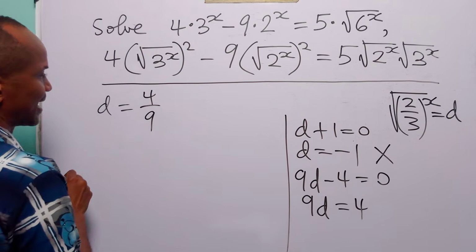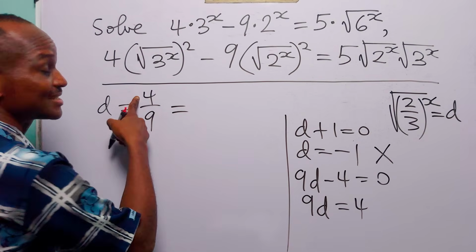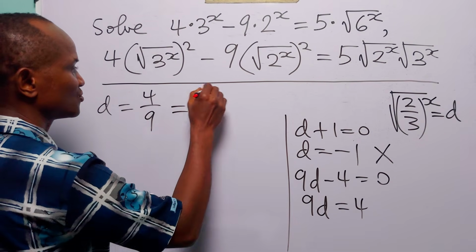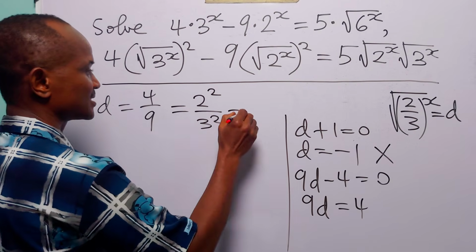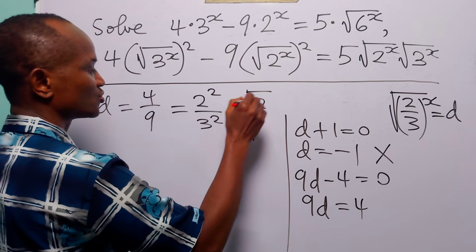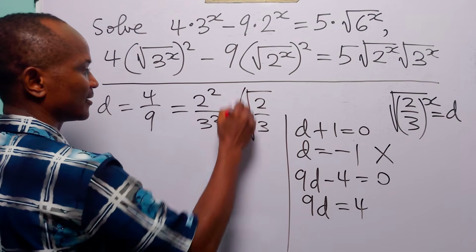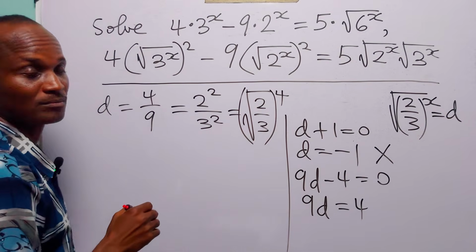From here, when we divide both sides of this equation by 9, we have that d is equal to 4 over 9. Now, of course, this can be written as 2 squared over 3 squared, which of course is the same as root 2 over 3 to the power 4.